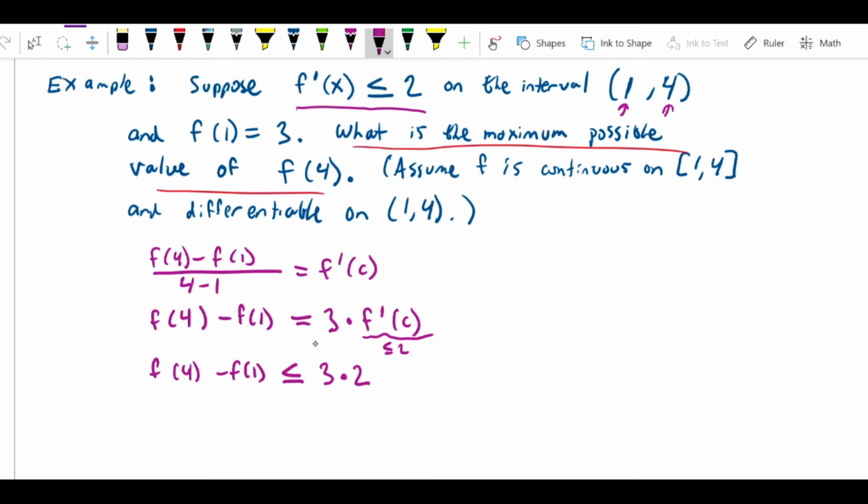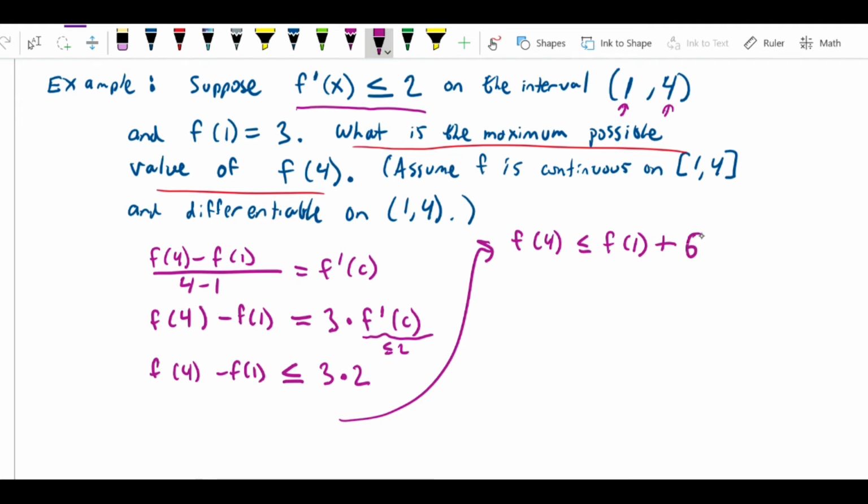Because if it's going to be equal to 3 times f prime of c, and we know that f prime of c can't be greater than 2, I can't be multiplying this 3 by anything larger than 2. So now rearranging the equation again, f of 4 is going to be less than or equal to f of 1 plus 3 times 2, which is 6.